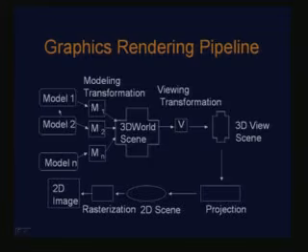I have a model of one chair, and all I need to do is apply an appropriate transformation to that model and put it in the 3D world. So, this modeling transformation is basically taking from the coordinate system I have specified for the model to the coordinate system I have for the 3D world.